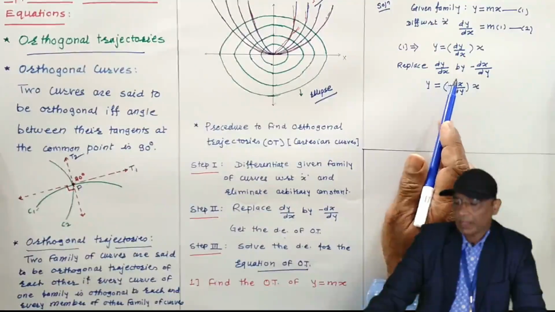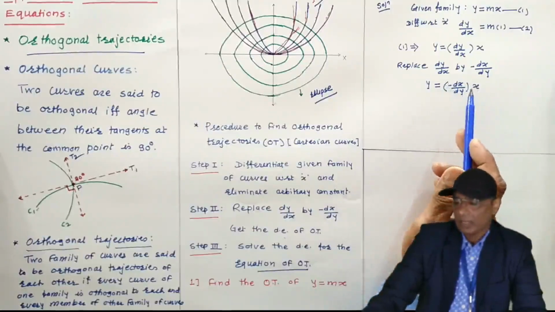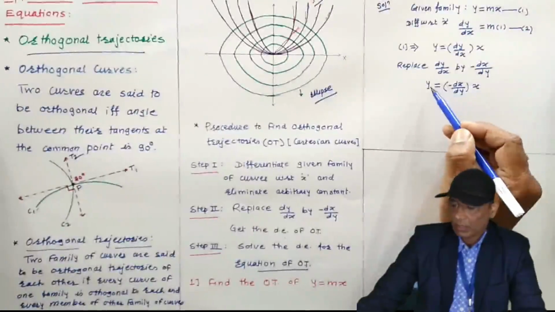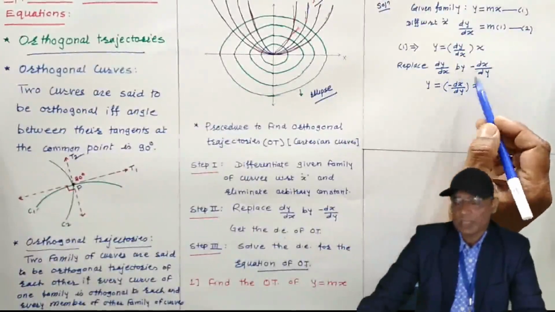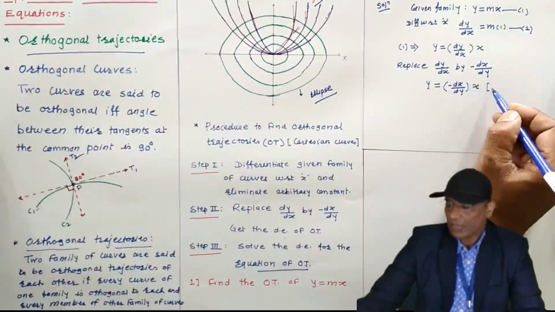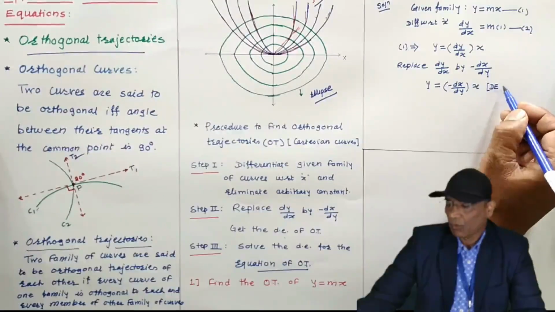And once you replace dy by dx by minus dx by dy, or you may replace dx by dy by minus dy by dx also, then you get this equation. And this equation is what? It is the differential equation of orthogonal trajectories.